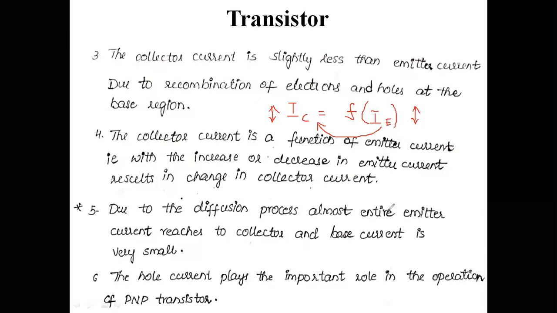I am going to take that as the base current. Base current is very small here. Normally collector current is very high and base current is very small, and the whole current plays an important role in the operation of the transistor.